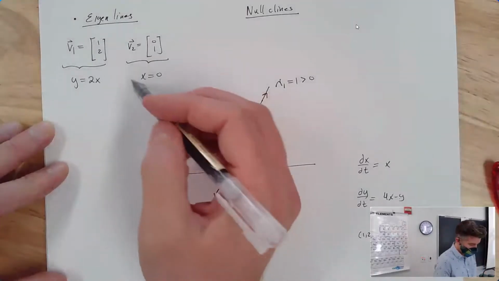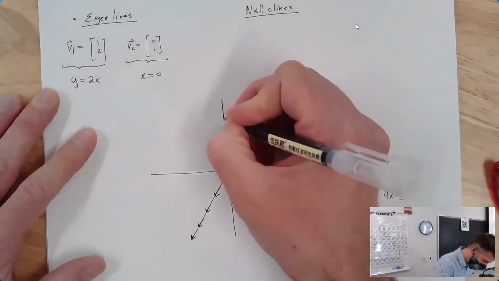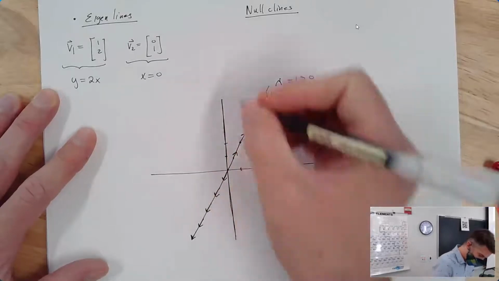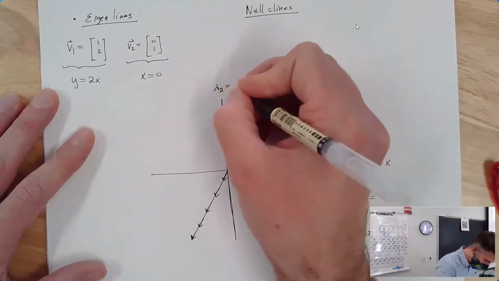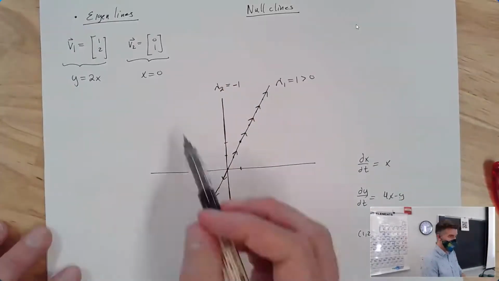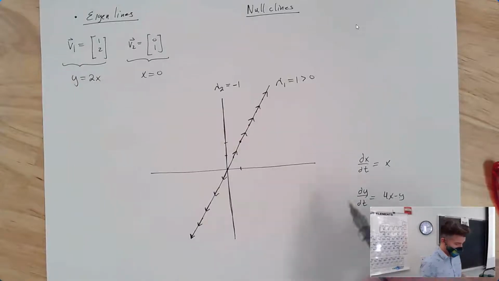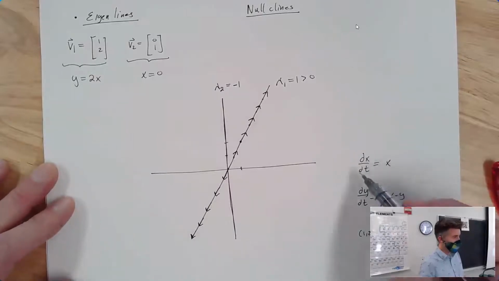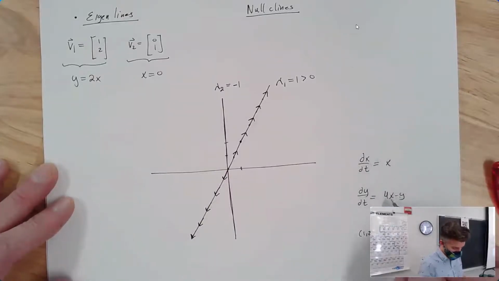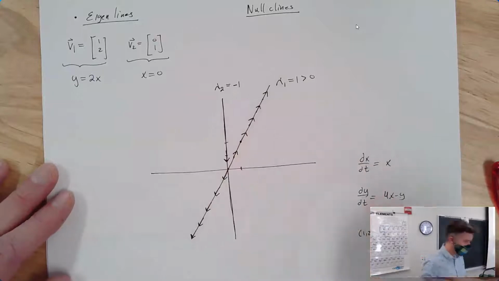On the other hand, for this eigenline, which is a little bit less nice to deal with, it's the line x equals 0, which is just this vertical line, associated with lambda 2 equal to -1. We're going to see that whatever value we pick here, the direction vector is going to be pointing towards the origin. So if I pick, for example, the point 0, 1, dx/dt is going to be 0, so there's 0 change in the x direction. dy/dt is going to be 0 minus 1, which is -1. So I'm going to be pointing in the 0, -1 direction, which is back down.